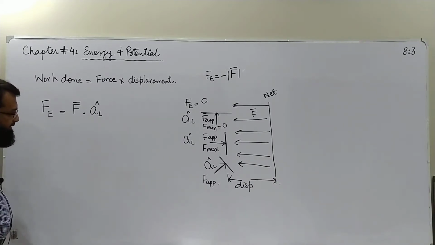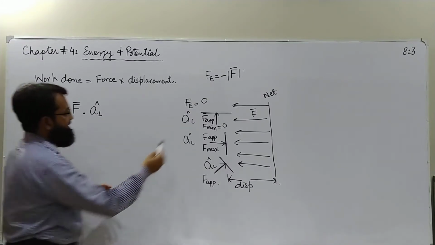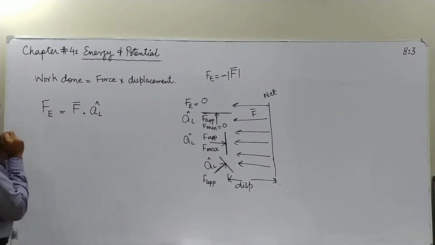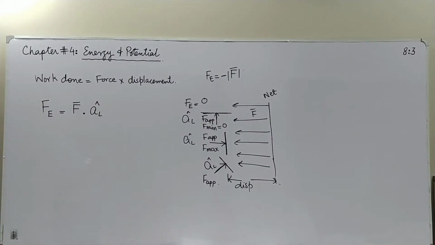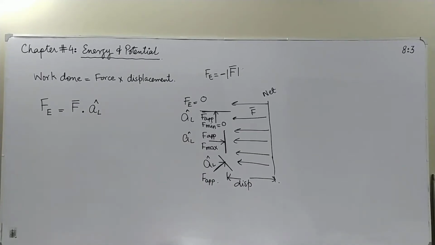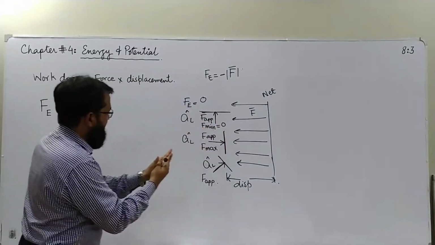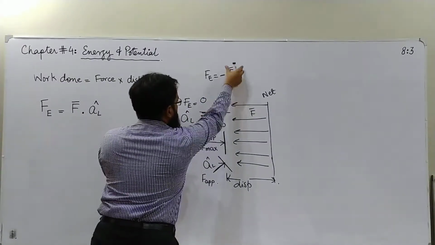Is there any fundamental error which I am making? Yes, because after evaluating this, what I'm getting is the negative of the force which I'm experiencing. I should get only the magnitude of the force.